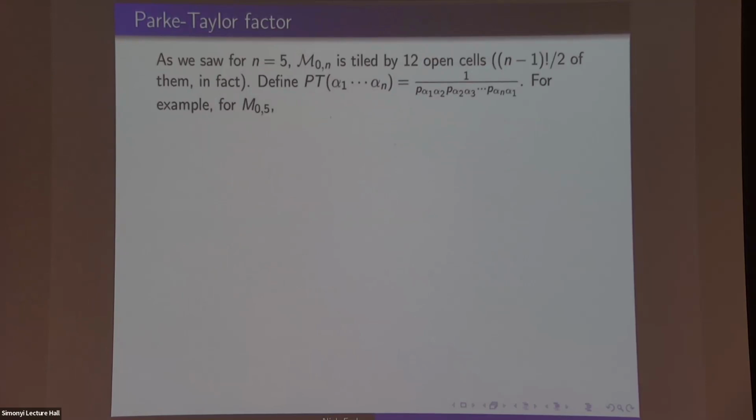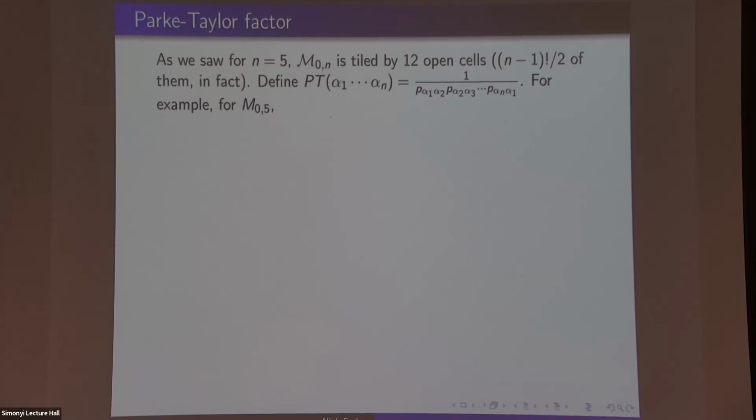Now we define the so-called Parke-Taylor factor to be 1 over the product of the cyclically consecutive minors with respect to that cyclic order. So P_{α1 α2} is the determinant of the maximal 2 by 2 minor with columns α1 and α2.